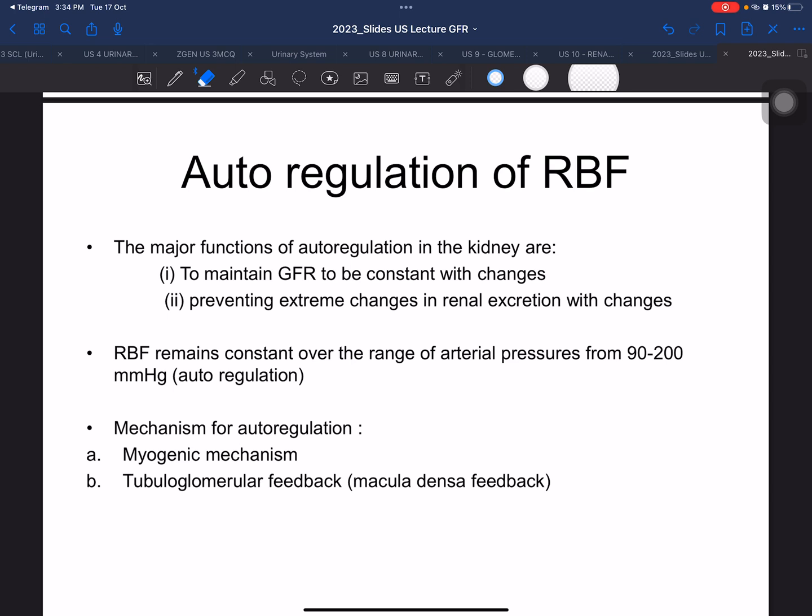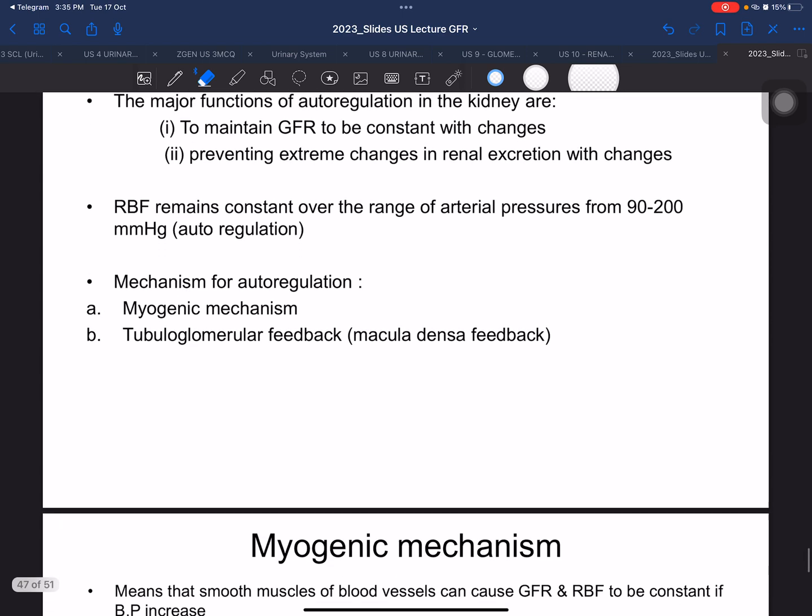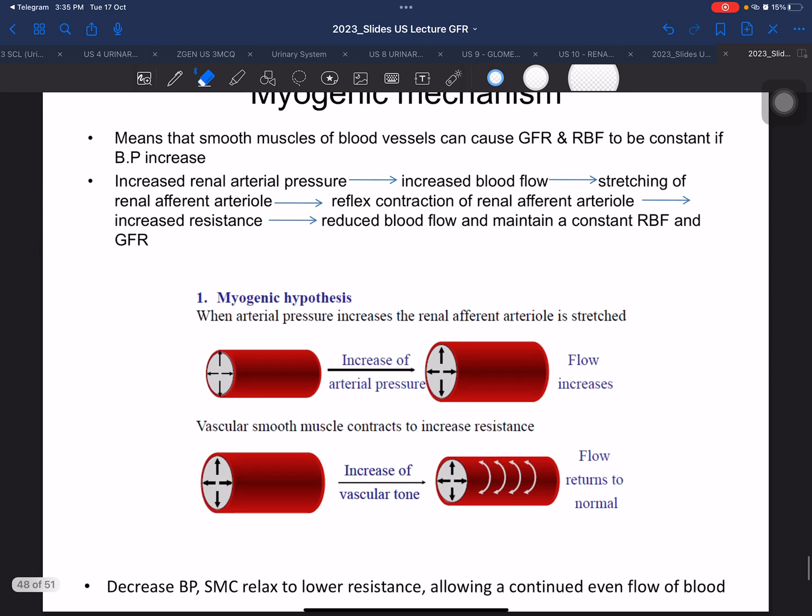Second is through the tubuloglomerular feedback, also known as macula densa feedback. So what is the myogenic mechanism? Myogenic means muscle. It means that the smooth muscles of the blood vessels can keep the GFR and RPF constant in the case of a BP increase.